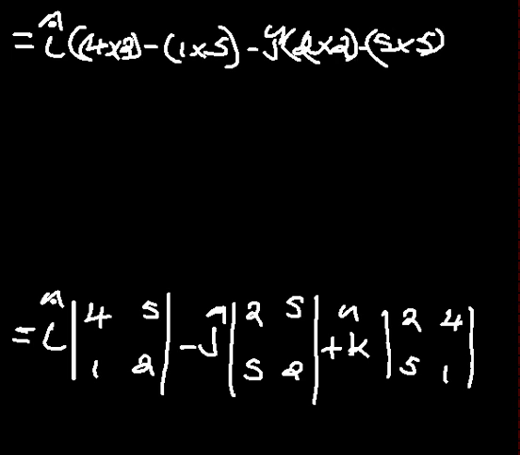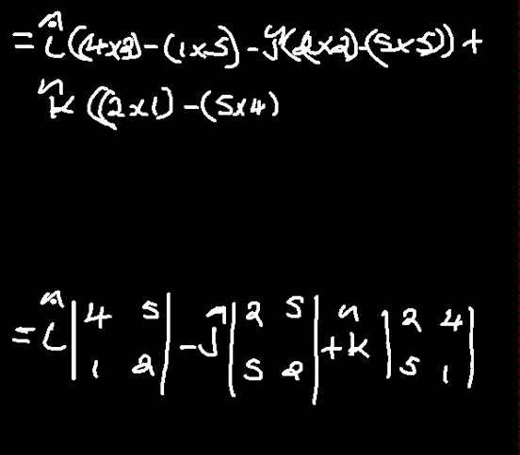So we can have something that is then plus a K component that is now given as 2 times 2 minus 5 times 4.